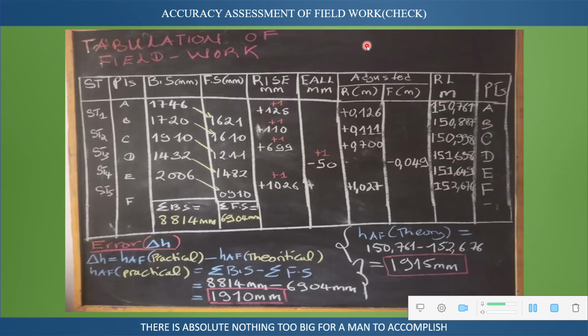But if we happen to come with an instrument, let's say a total station, to measure the interior angles of a triangle, it will be impossible for us to have exactly 200 degrees. We might have 200.005, or we might have 199.9922. So the difference between 199.9922 and 200, that difference is the error. That 200.005 minus 200, that 0.005 is the error.